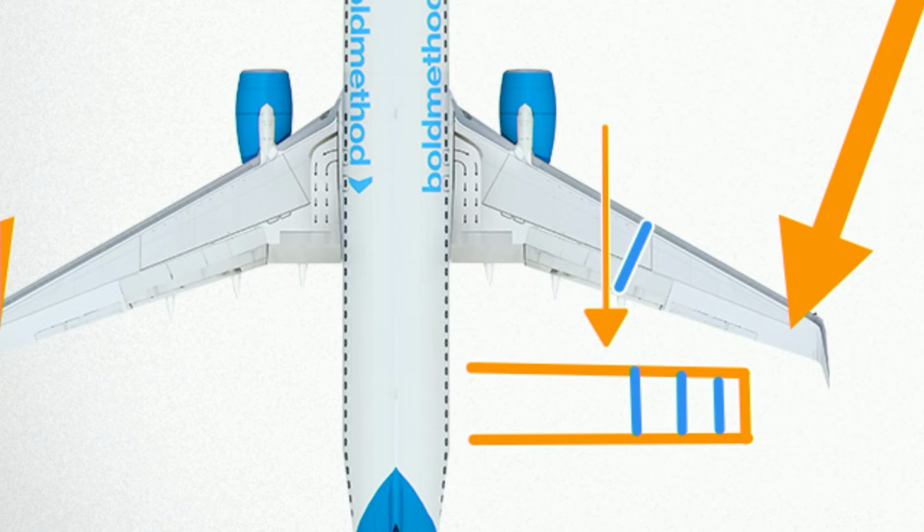We end up with one component of wind that is flowing parallel and one that is perpendicular. So here is your parallel component of relative wind, and here is your perpendicular component of relative wind.